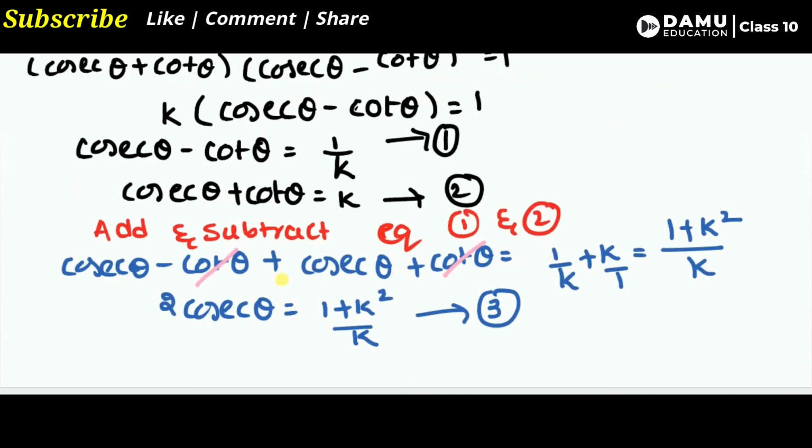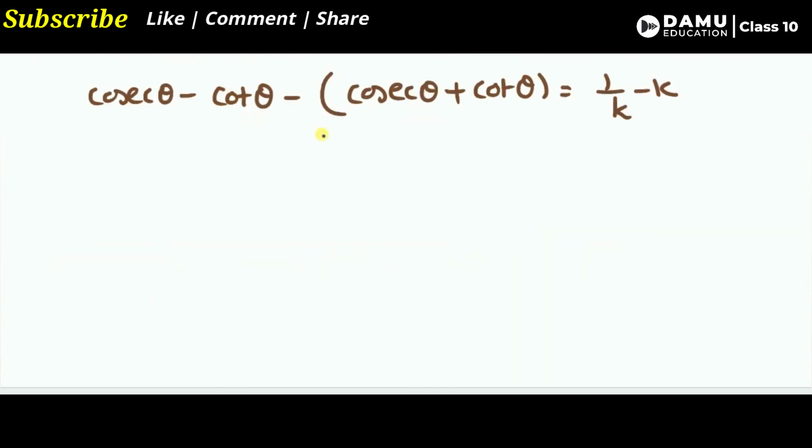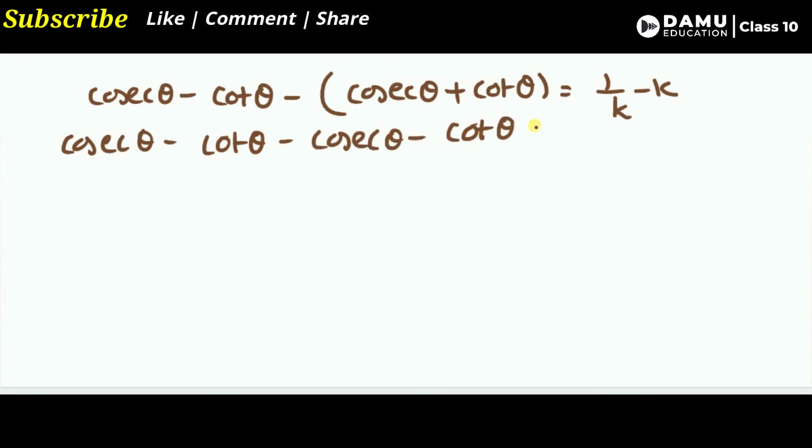So cosecant theta minus cot theta, minus of cosecant theta, and minus into minus gives cot theta. Let's take the LCM, which gives 1 minus k square.